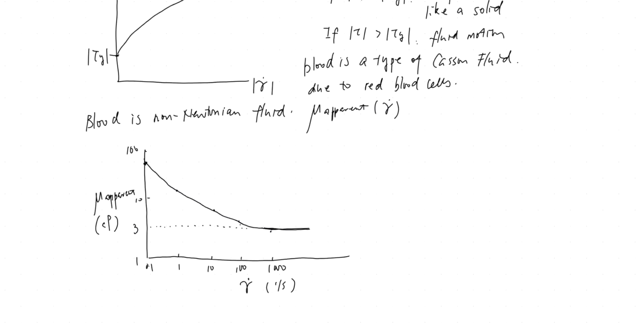When we talk about blood, usually we would say whether we are at a low shear rate region or at a high shear rate region.